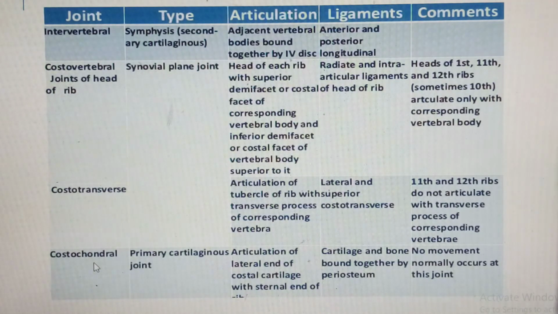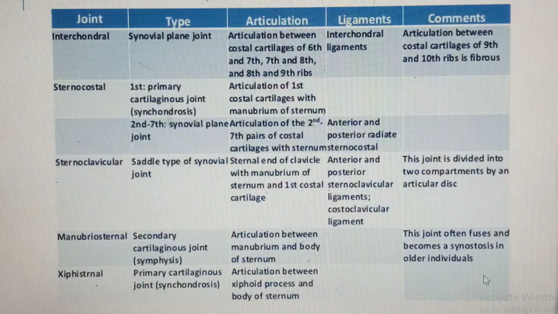They also have the costochondral joint. Costochondral is a primary cartilaginous joint, hyaline cartilage, and usually will not permit movement. Then we also have the interchondral joints that we just saw.